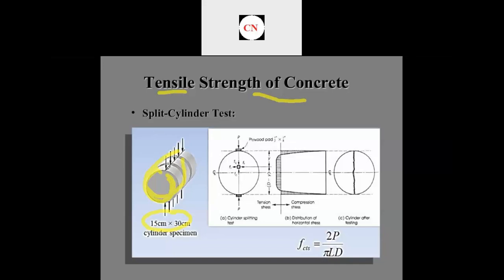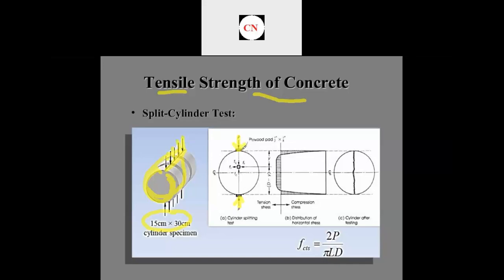So what we have to do is place a plank or strip of plywood as shown in the diagram, and the compressive load is applied. By doing so, we apply compressive load on the surface, that is, on the extreme fiber of the concrete.